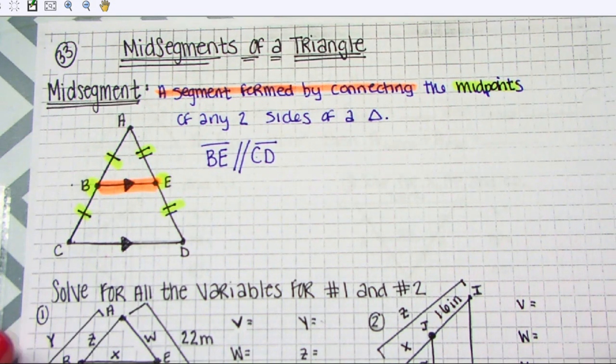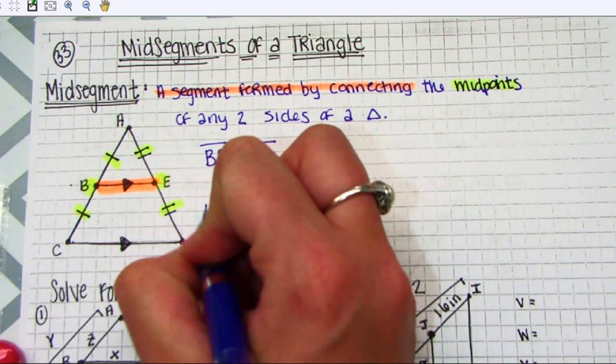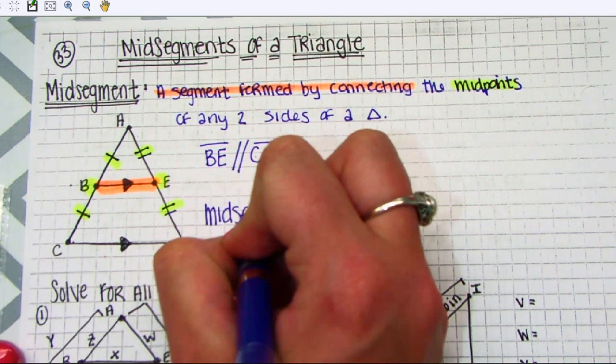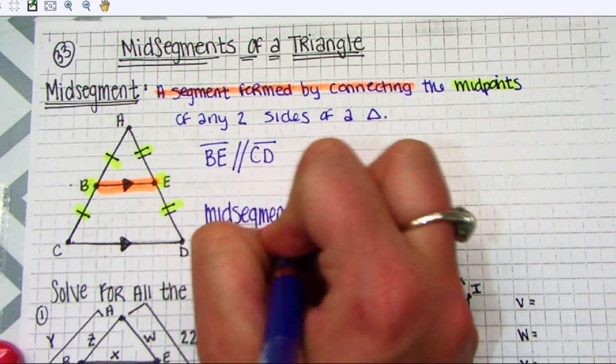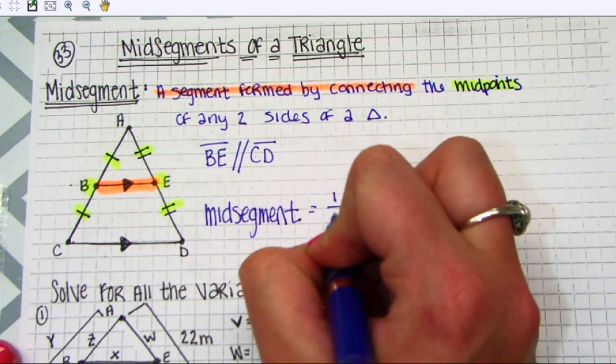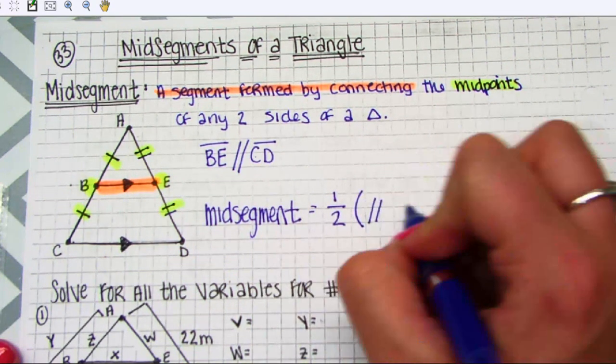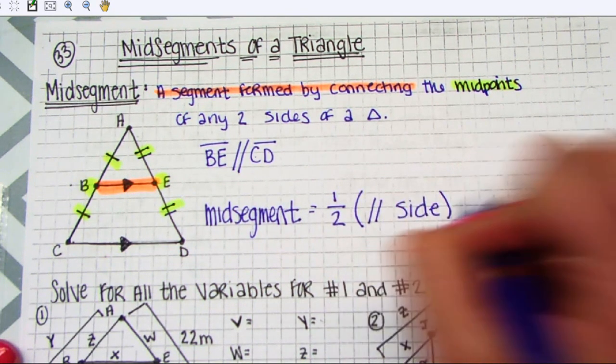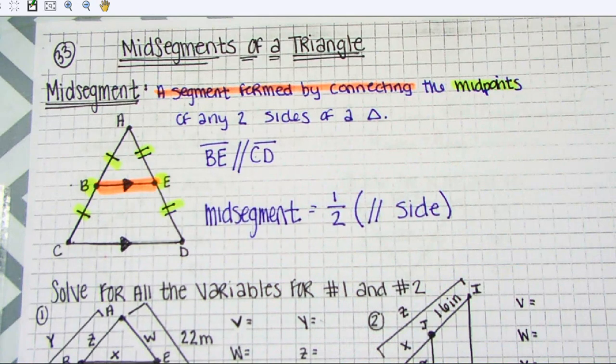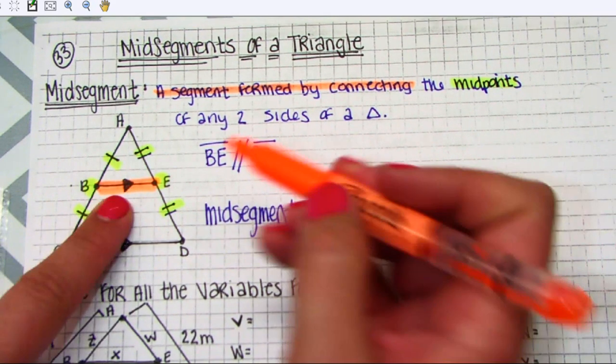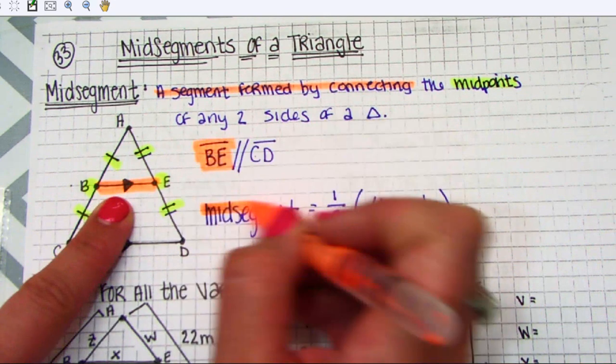Now, our formula is the midsegment length, and the midsegment is equal to 1/2 of the parallel side. So we have to know our pieces of our problem to be able to actually solve these. So in your picture, the midsegment is here. That is segment BE.